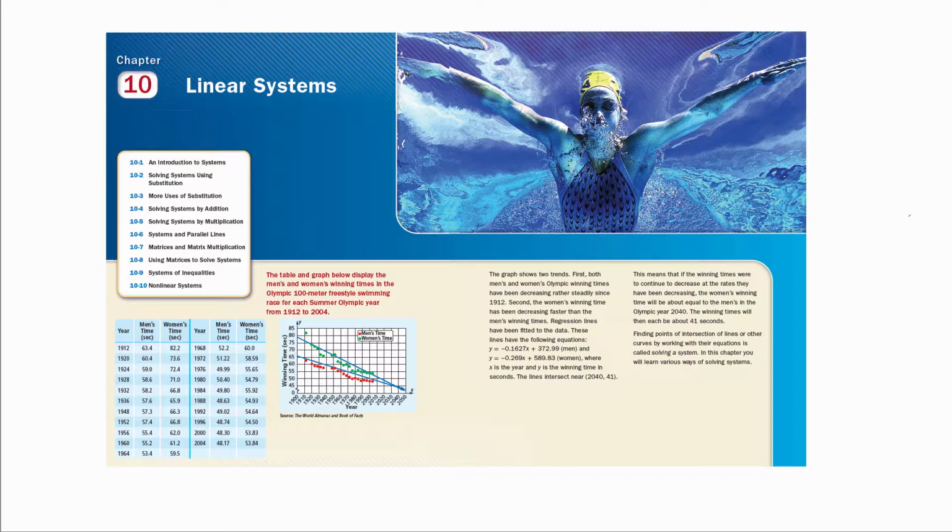And you can take the equations, and they're given in the text, plot those lines, and you can see the intersection by graphing. We can also solve for this algebraically and find out when the two equations are equal to each other. That's really what it means when we are finding that out.